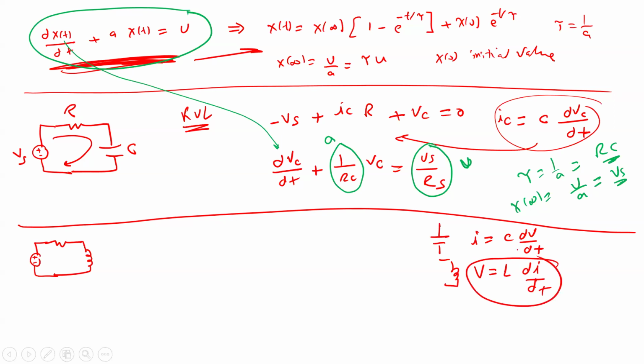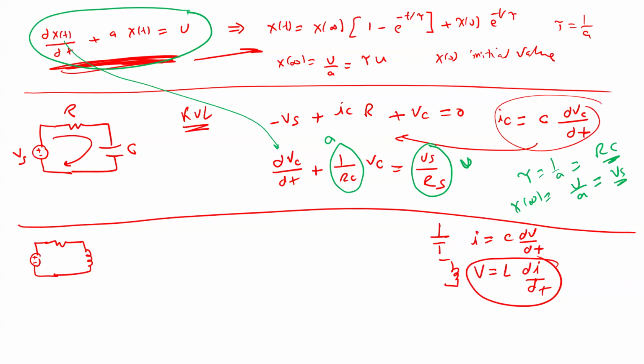You can see the difference, right? Here I is the differentiation of V. Here V is the differentiation of I. So that's why when I created the differential equation before, the unknown was V. But this time the unknown should be I, not V. You got what I'm saying?